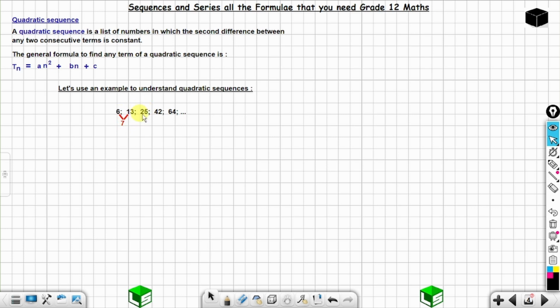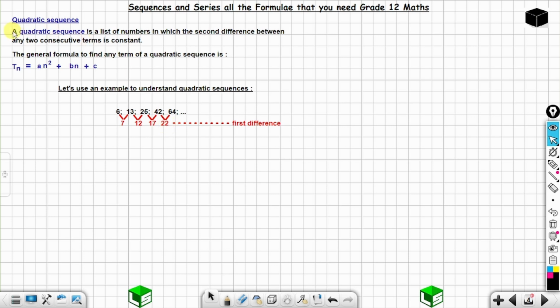Next term minus previous term, always: 25 minus 13, you have 12. 42 minus 25, you have 17. 64 minus 42, you have 22. So you can see the difference is not constant. So this is our first difference. The difference is not constant. Okay, you have 7, 12, 17, 22.